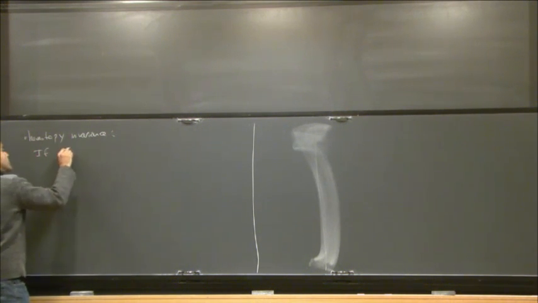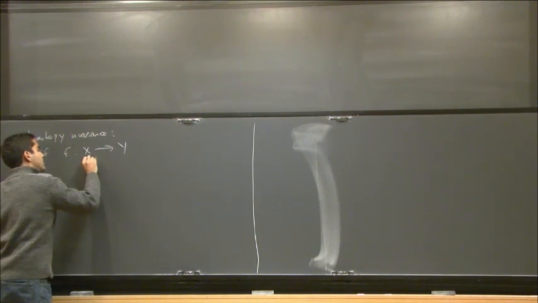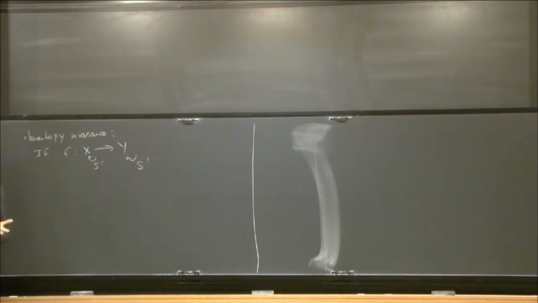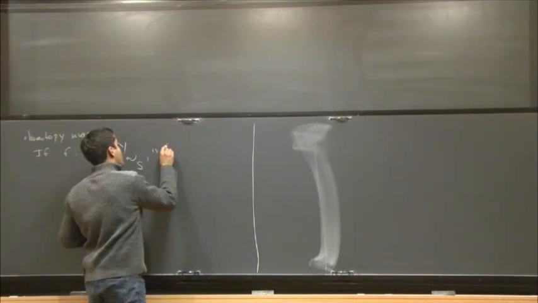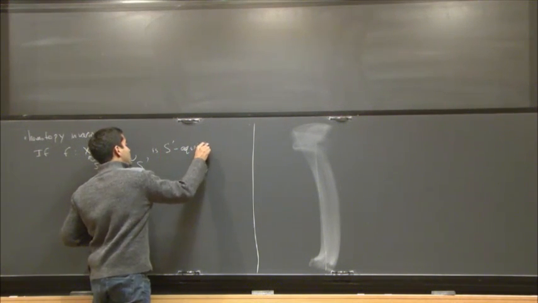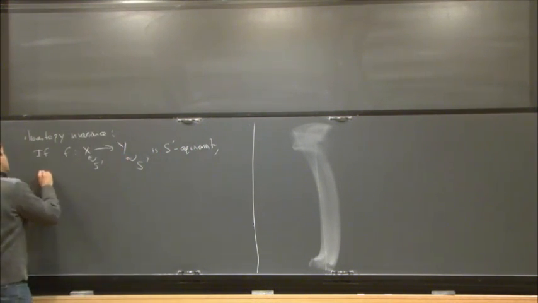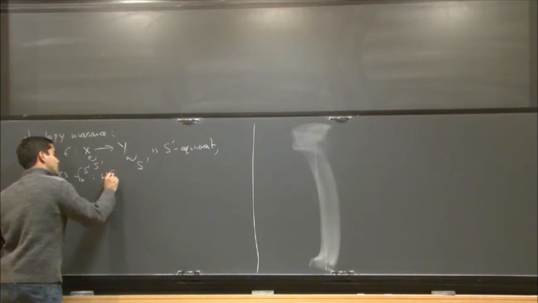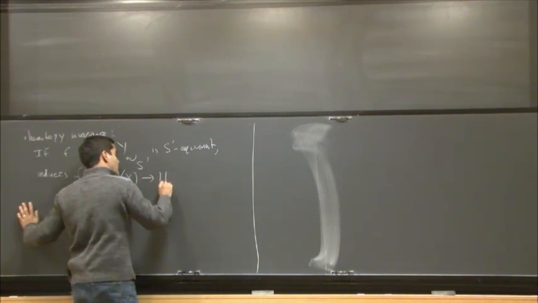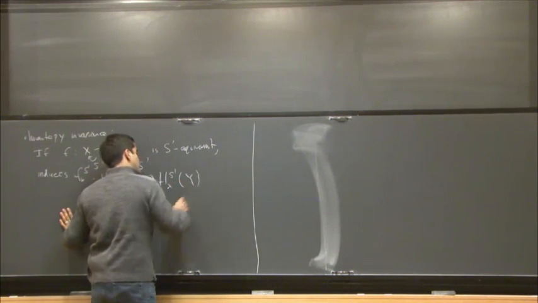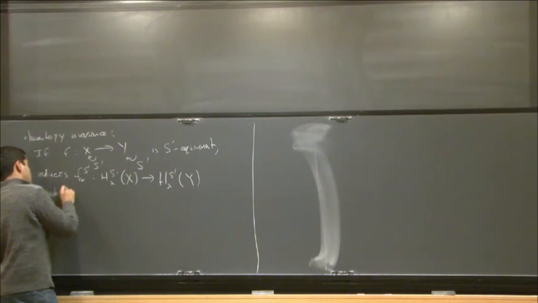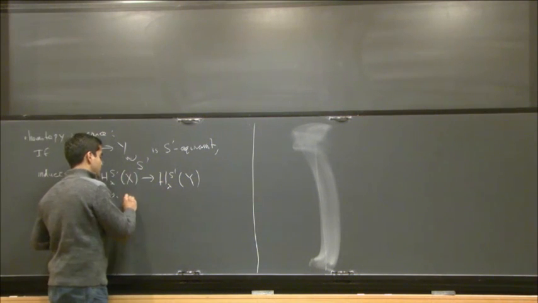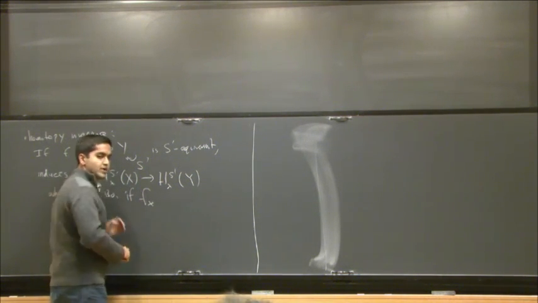If we have a map of topological spaces, let's say each of the spaces has an S1 action, and this map itself is S1 equivariant, it induces a map of equivariant homology groups, which is an isomorphism if the ordinary map between homology groups was.